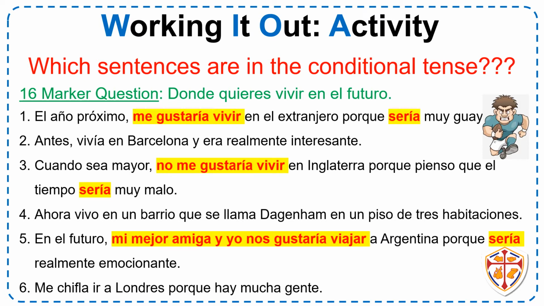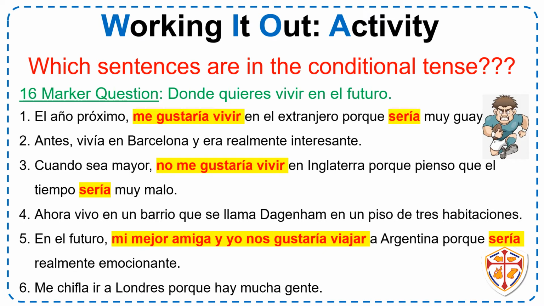So on number 1, you can see that we've got me gustaría vivir, which is I would like to live, with a verb in the infinitive. Then on number 3, no me gustaría vivir, which is the negative, and as you know, it's quite easy to do the negative in Spanish, as you only add a no in front of the first verb.